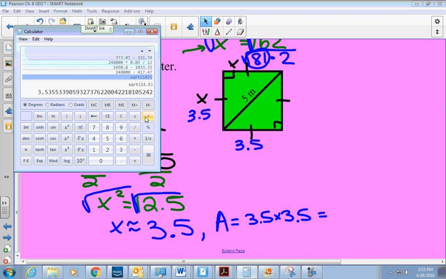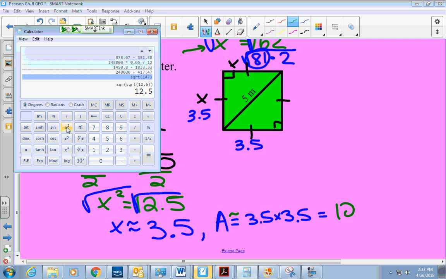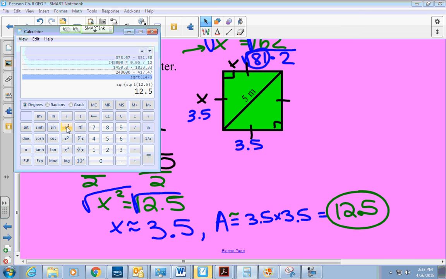If we times this by itself, which is the same as squaring it, we get 12.5. So the area of this square is exactly 12.5. But rounding it actually changes the value of the area.